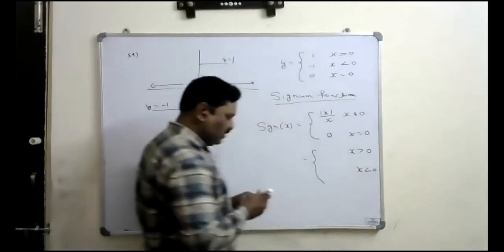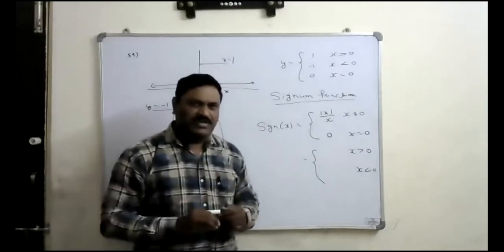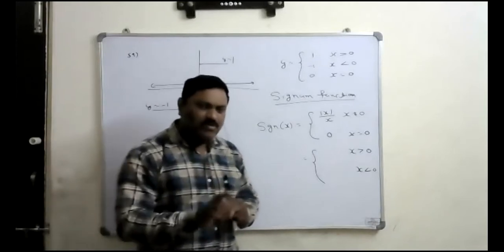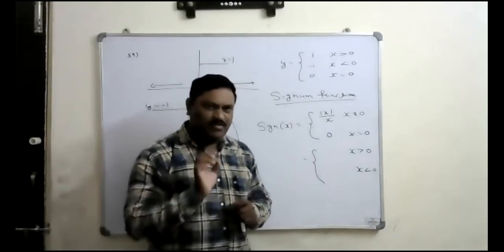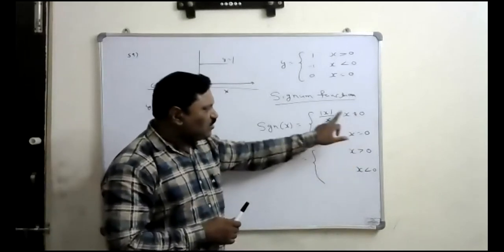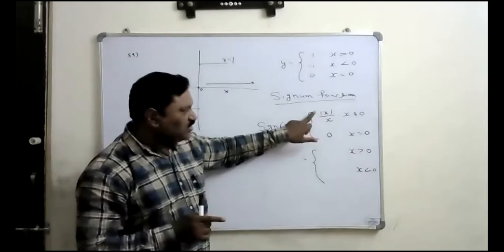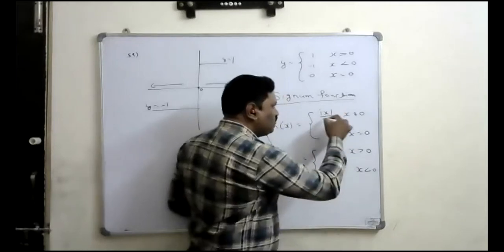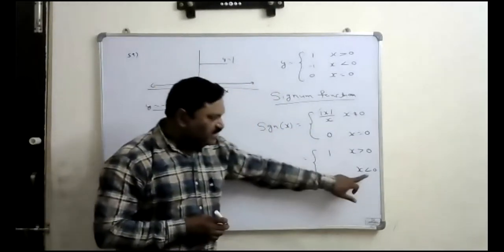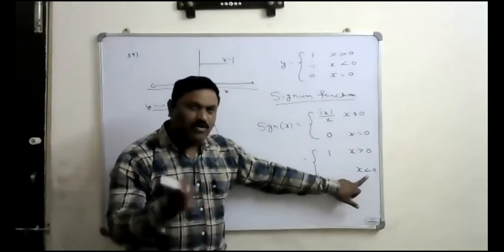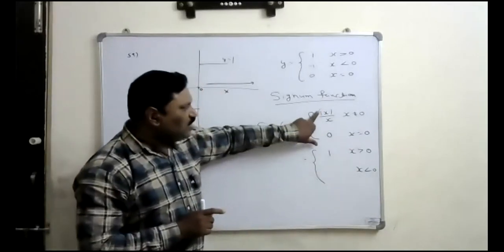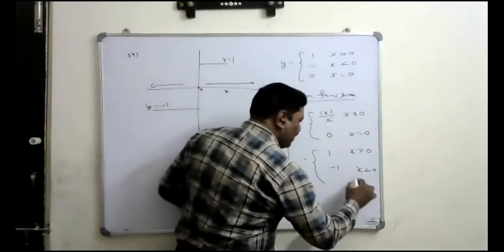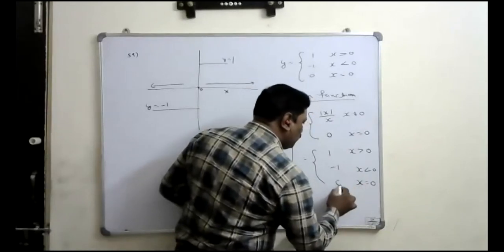We know the definition of modulus: when x is positive, mod x is equal to x, and when x is negative, mod x is equal to minus x. When x is positive, we can put plus x in place of mod x, and x upon x is 1. When x is negative, mod x is minus x, so minus x upon x is minus 1. And when x is equal to 0, it is 0.